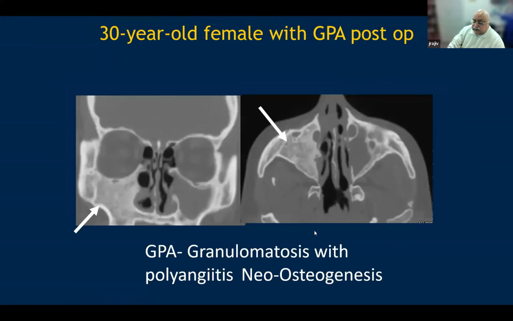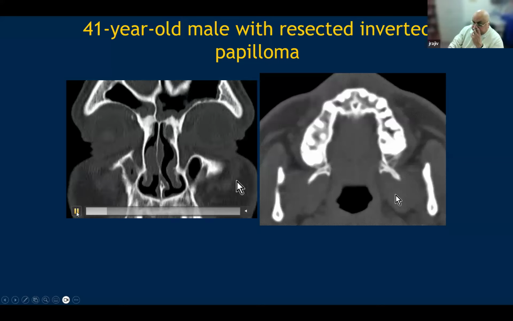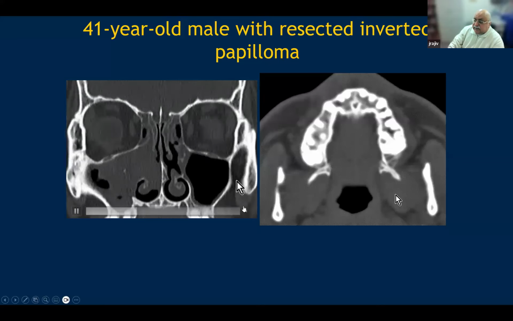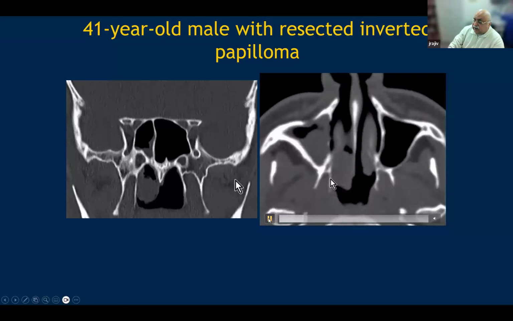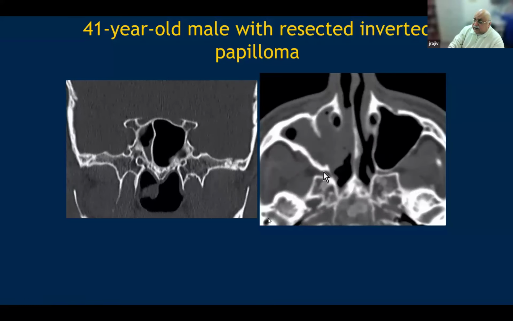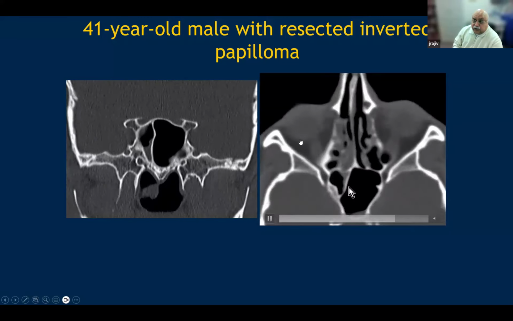The other important aspect of surgery to the maxillary sinus is looking at mucosal disease which resembles neoplastic processes. For example, this is the area for attachment of the inverted papilloma.